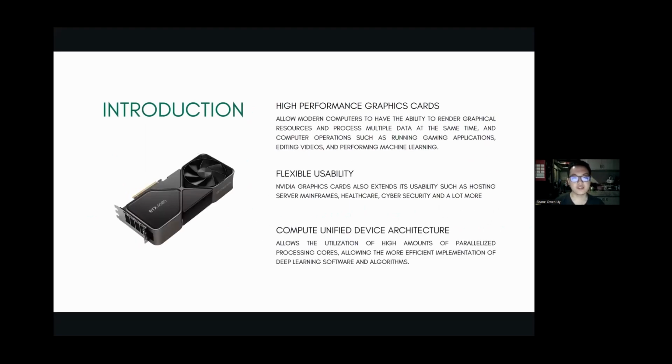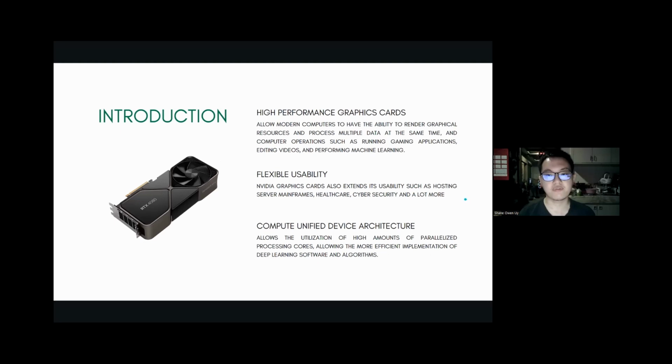So for the introduction, Nvidia GPUs are high-performance graphic cards, hardware devices which allow modern computers to have the ability to render graphical resources, to process multiple data at the same time, and to utilize computer operations, such as running gaming applications, editing videos, and performing machine learning.